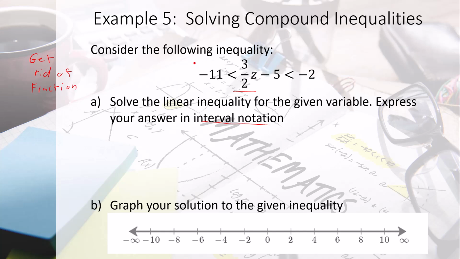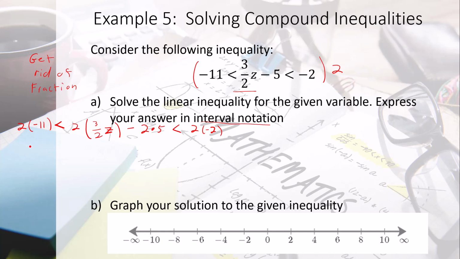To do that, we are going to multiply the entire thing by 2. If we do, we are going to have 2 times negative 11 is strictly less than 2 times 3/2 z minus 2 times 5, which is strictly less than 2 times negative 2.